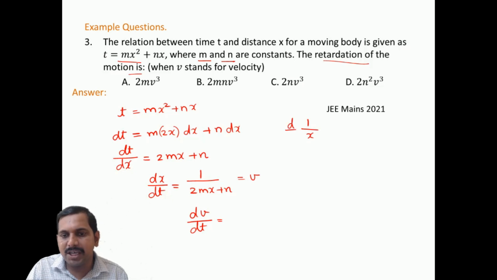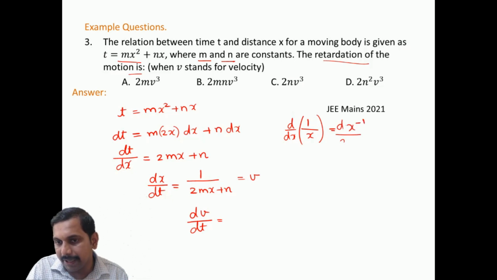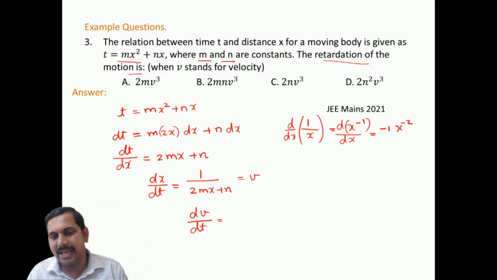So differentiation of 1 by x is equal to d by dx of x raised to minus 1, which is equal to minus 1 into x raised to minus 2, right? So differentiation of this is x raised to minus 2. The same thing we can do here, and then a chain rule. Okay, let us do that.